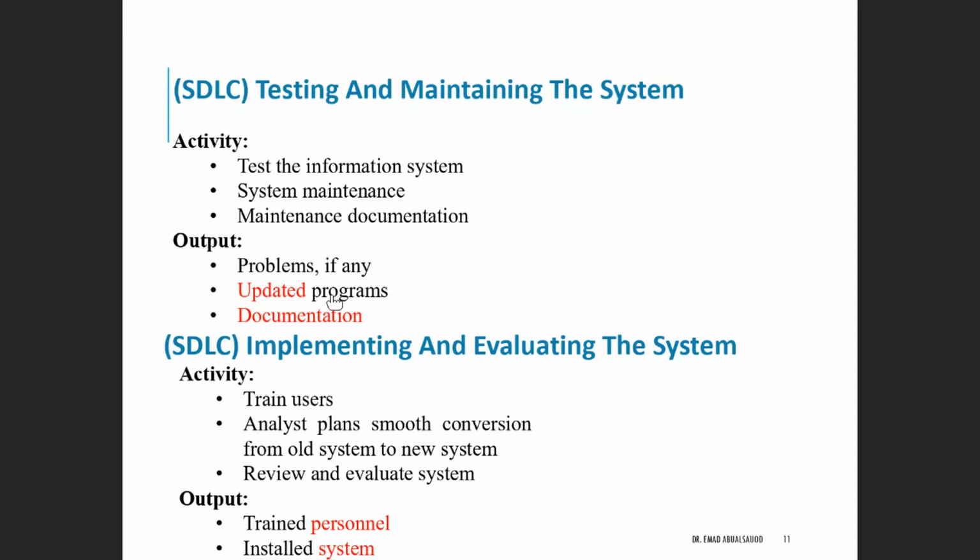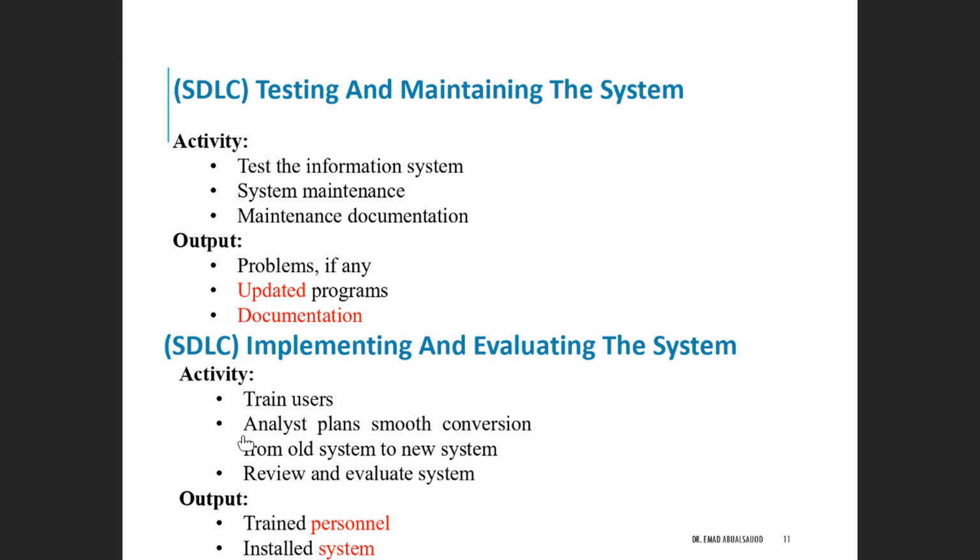Update programs, documentation needed for the maintenance plan or the troubleshooting also. We come here to the last step in the life cycle, and then you can continue with the first one again, implementing and evaluating the system. Okay, you launch the system, it's already working.